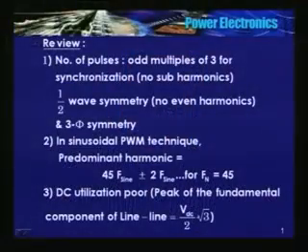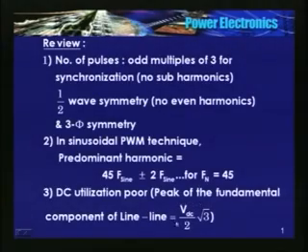So using the sinusoidal PWM technique, we could push the predominant harmonic to a high frequency till the rated frequency, but then we found that the utilization of the DC link, or the input voltage source, reduces, or the utilization becomes poor, okay, because the peak of the fundamental component of the line to line voltage is VDC by 2 into root 3.